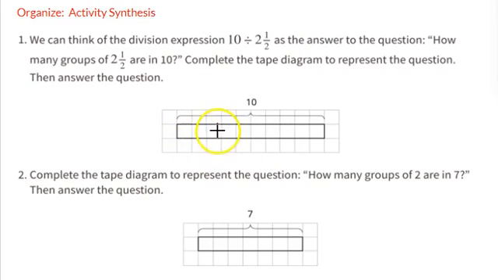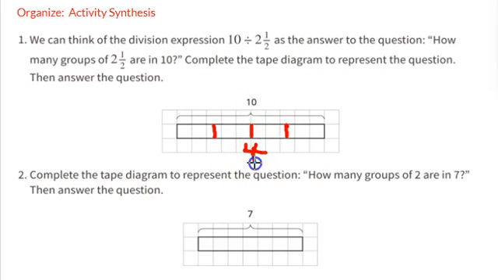Well, we'd have 2 whole and 1/2, another 2 whole with 1/2, another 2 whole and 1/2, and another 2 and 1/2, which would give us 4, right?